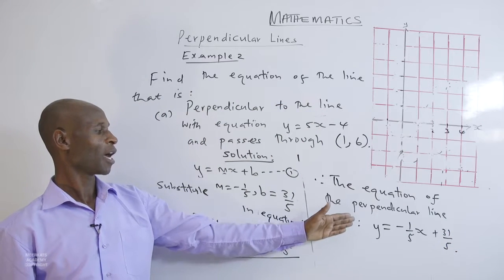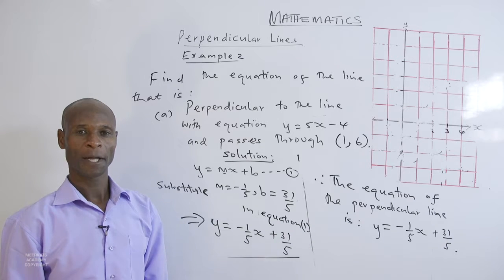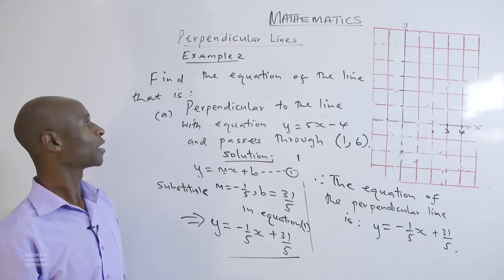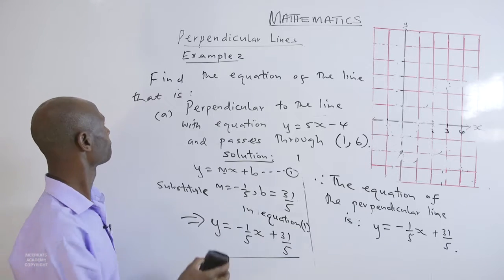So basically, that's how we find the equation of a perpendicular line. Let us look at example 2, part B.